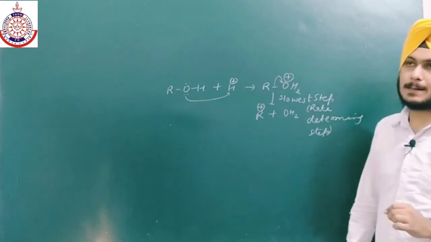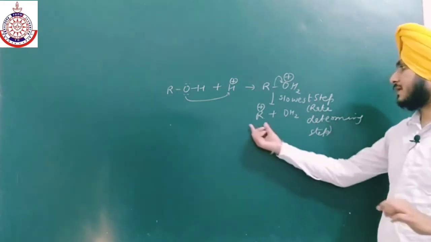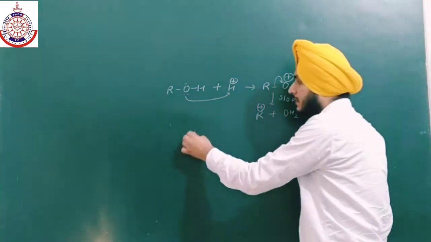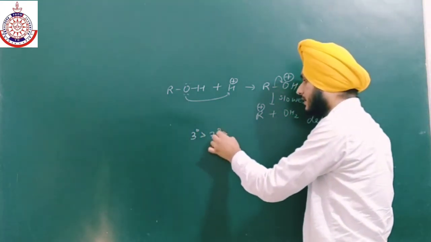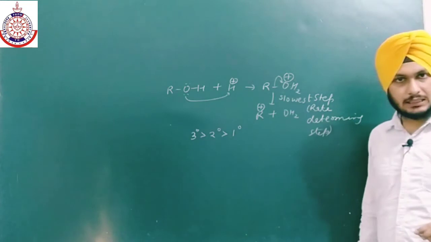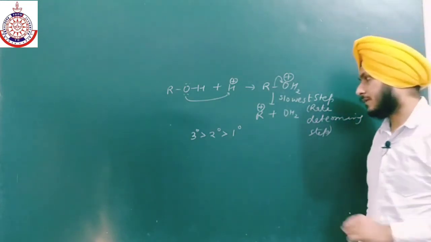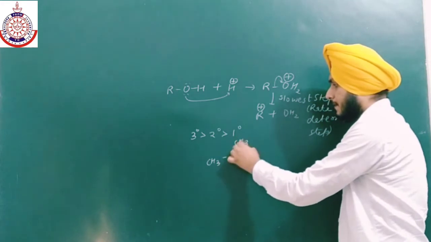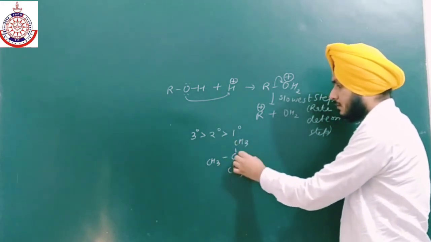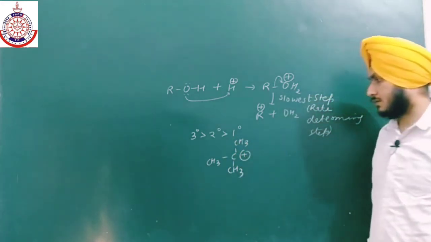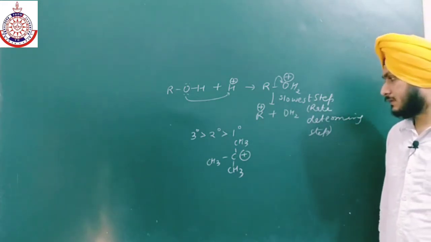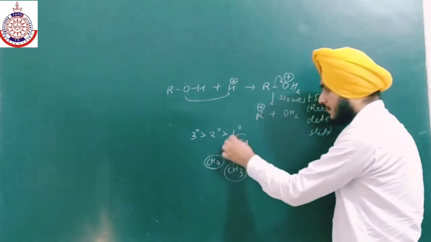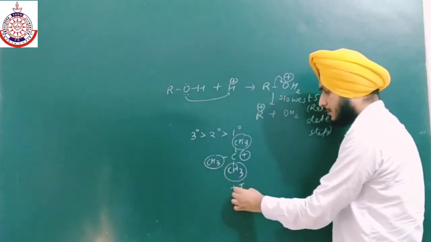So the rate of the reaction depends upon the stability of the carbocation, and the stability of carbocation is 3 degree greater than 2 degree greater than 1 degree. Why is 3 degree more stable than 2 degree? Because if we have this compound and this carbocation, this is 3 degree, so there are 3 plus I groups present.